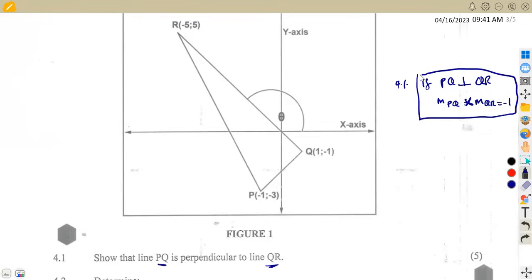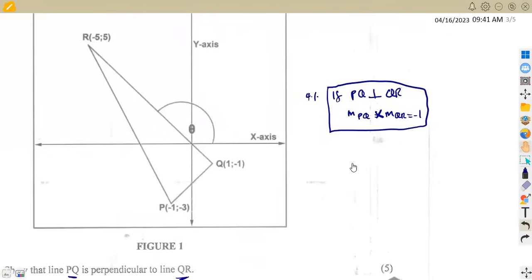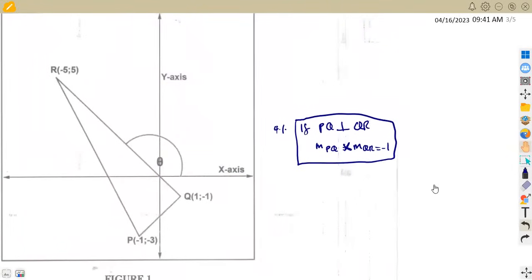So that means we are supposed to calculate the gradient of PQ, then the gradient of QR, knowing that the gradient is simply the change in y over the change in x, which is y2 minus y1 over x2 minus x1. Okay, so let's start with the gradient of PQ. That's P to Q. This is our first point, this is our second point.